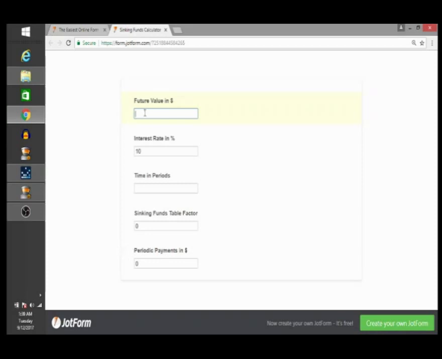Let's say your future value is $200,000. This is, let's say, for worn out equipment at your factory or warehouse, the equipment that you're working on. This worn out equipment needs to be replaced.